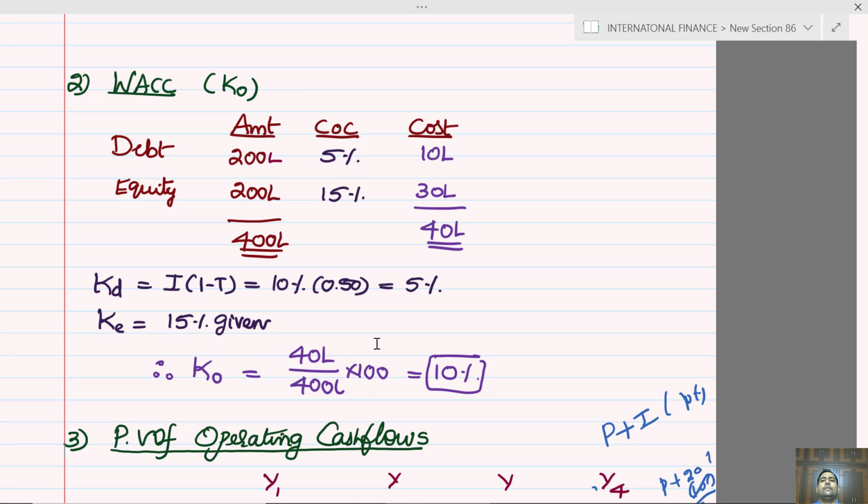Out of 10%, you are getting a tax benefit of 5%, okay? 10 minus 5, you are disclosing your net borrowing cost. You are saying that you have to pay a net cost of 5% to the lenders. The project has to provide a minimum 5% return as far as the company is concerned. So from the company's debt, we have an obligation of 5%. From the company's equity, we have an obligation of 15%.